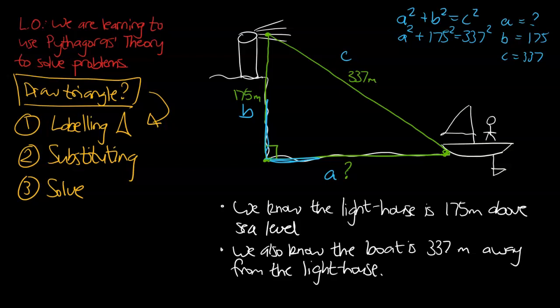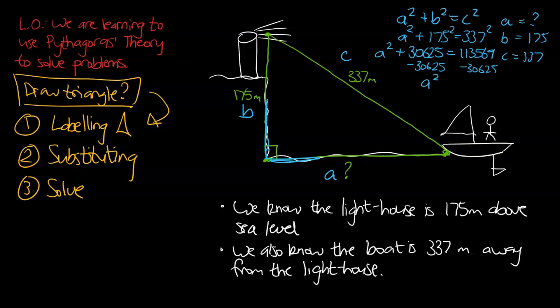175 squared. So we've got A squared plus 30,625, and that's going to be equal to 337 squared, which is 113,569. I'm then going to use my algebra. I'm going to subtract that 30,625 to get it on the other side.